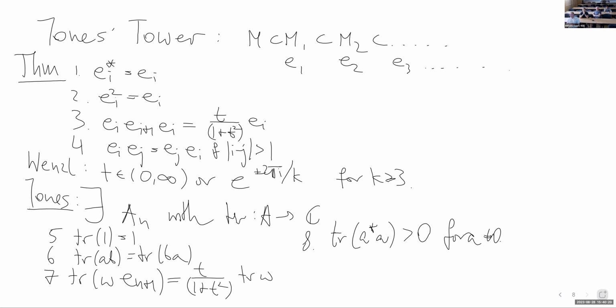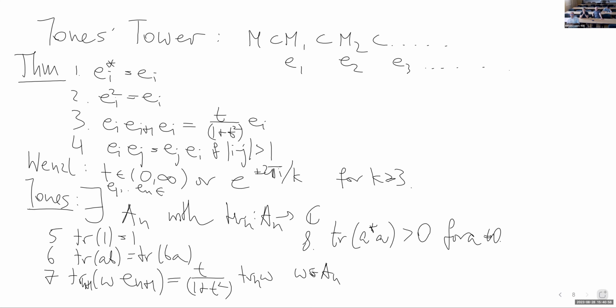So A_n comes with trace tr_n from A_n to C, and n plus 1 trace, and also trace n goes from A_n to C. E1 up to E_n belong to this algebra.